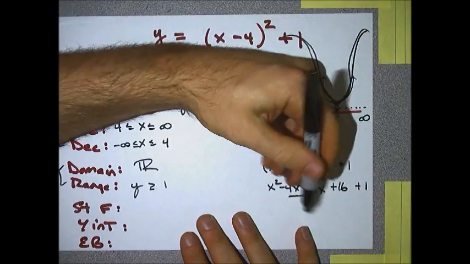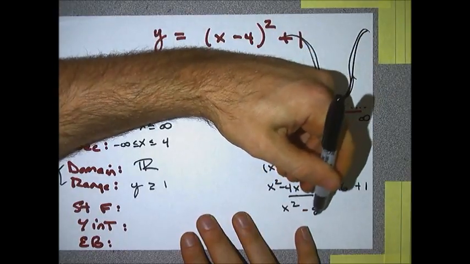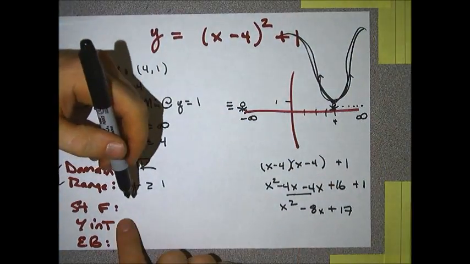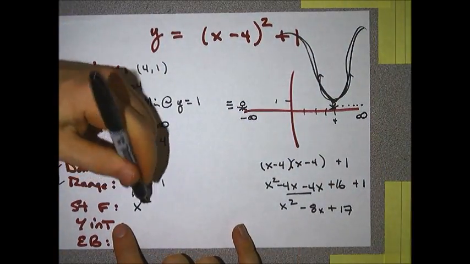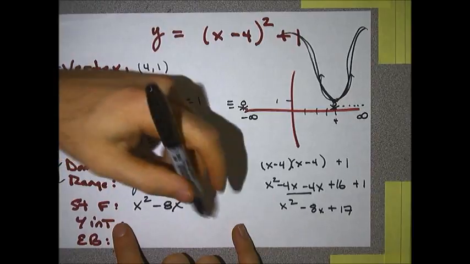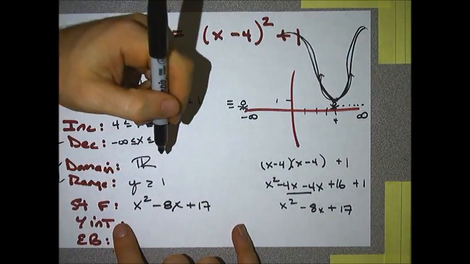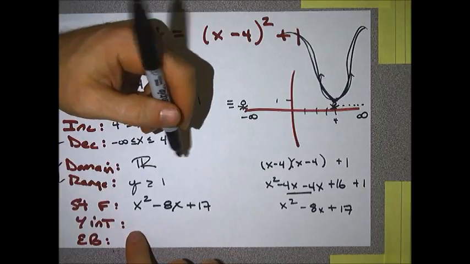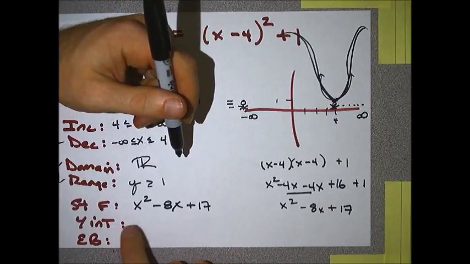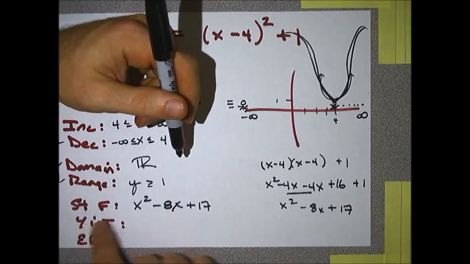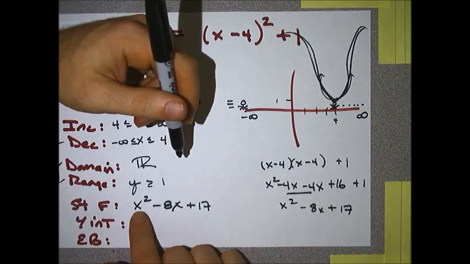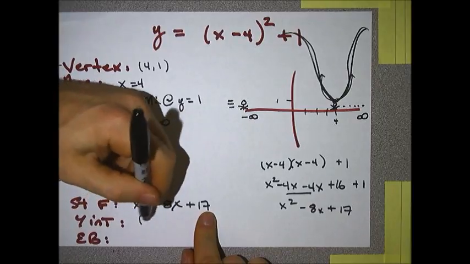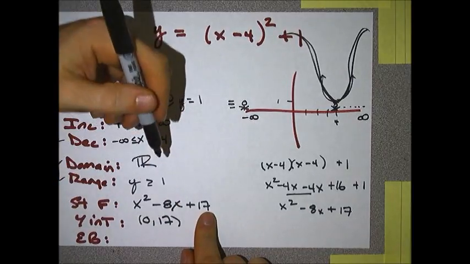Like terms, x squared minus 8x, and 16 and 1 is 17. That is my standard form: x squared minus 8x plus 17, which we now know makes my y-intercept. To find an intercept, I let the other letter be 0. So if I want the y-intercept, I should let x be 0, which makes this 0, minus 0, and 17. So my y-intercept is at (0, 17).